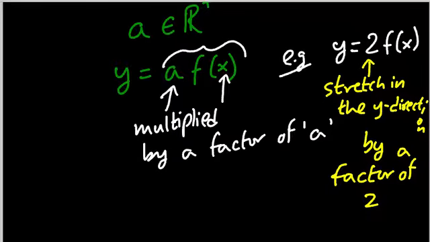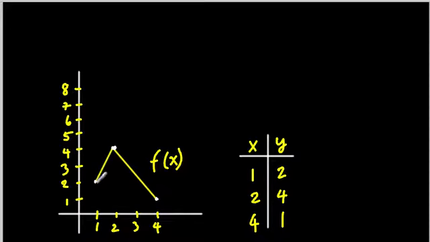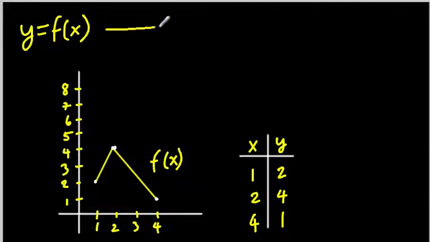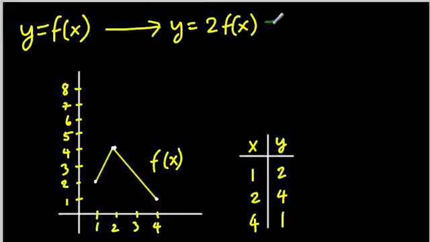So let's show this with an example. Once again, here is my f of x, and here are the edge points, which are once again 1, 2, 2, 4, and 4, 1. Let's say I go from my original function, y equals f of x, and I make a transformation by saying y equals 2 f of x. What will this new function look like? Once again, as before, remember, always write what the transformation is in words.